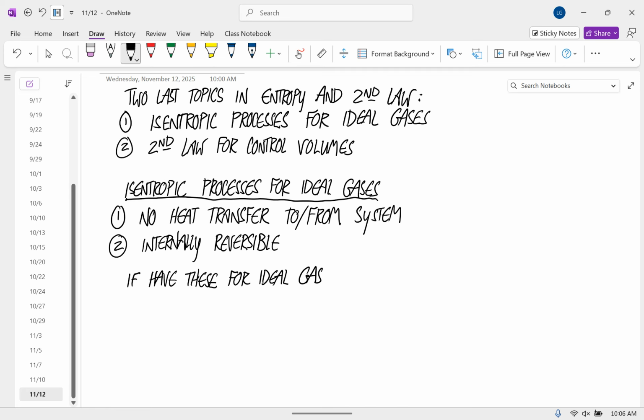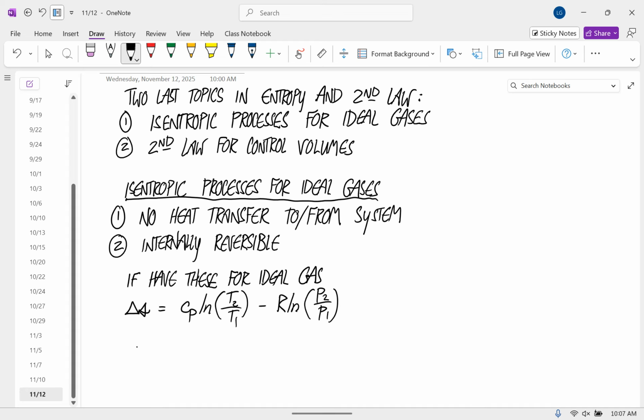we know that, so we have this expression that says delta s for an ideal gas is equal to Cp times the natural log of T2 over T1 minus R times the natural log of P2 over P1.